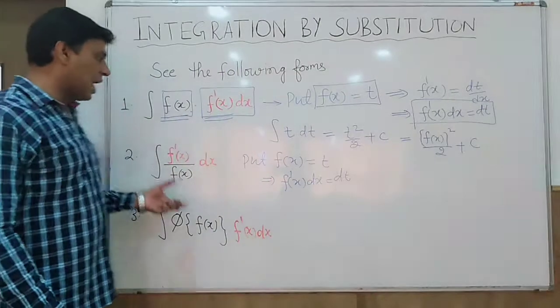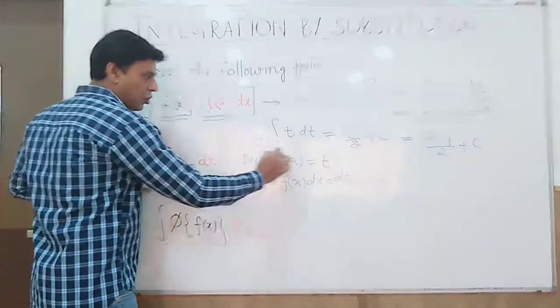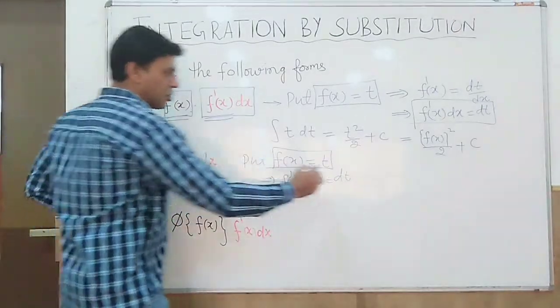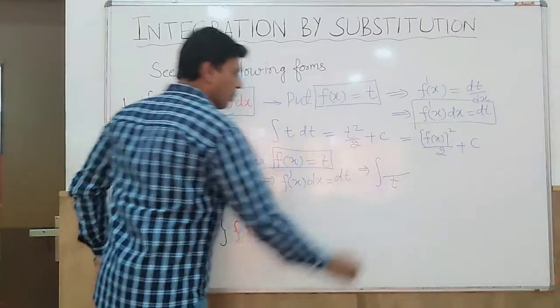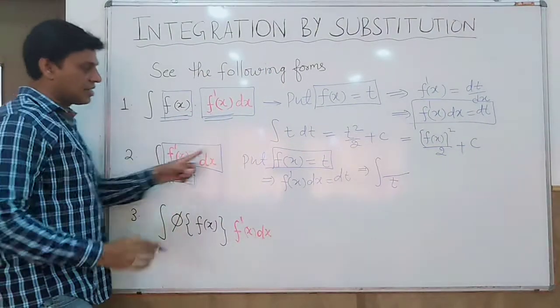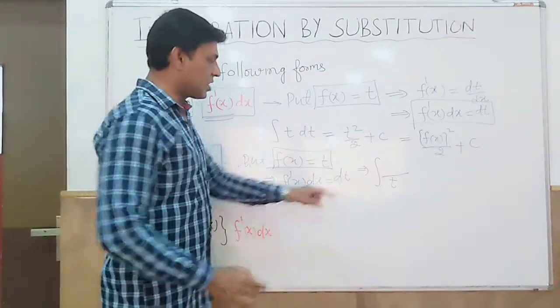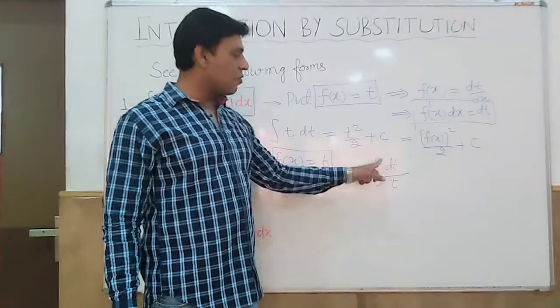So see what will happen. In place of f x, you are putting t. So your integration will become t in the denominator. Then in place of f dash x and dx, you will have dt. So it is 1 upon t dt.